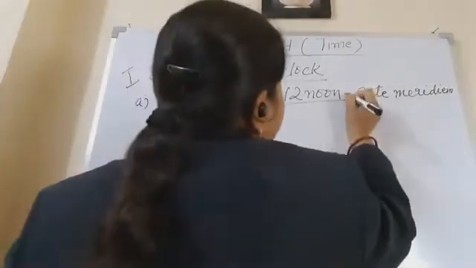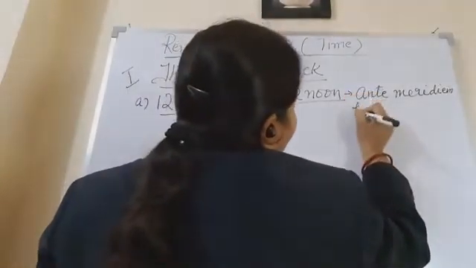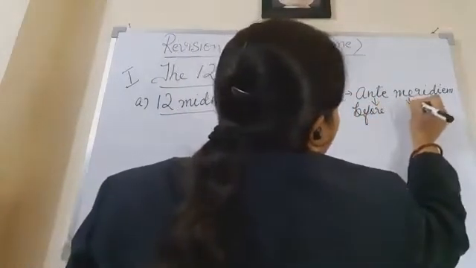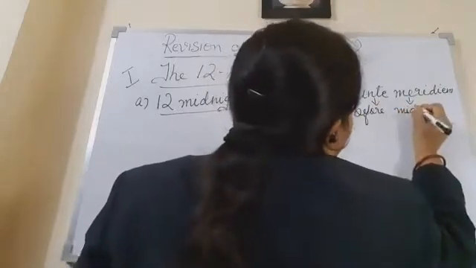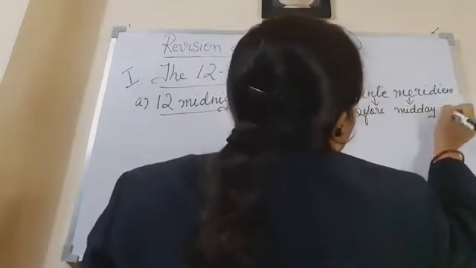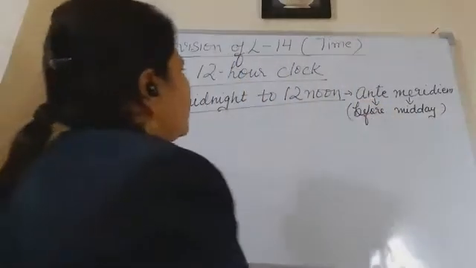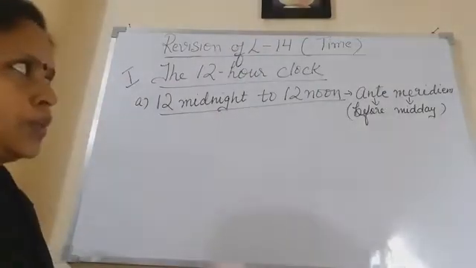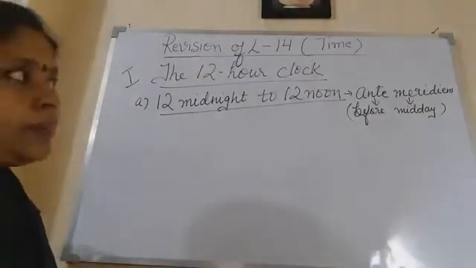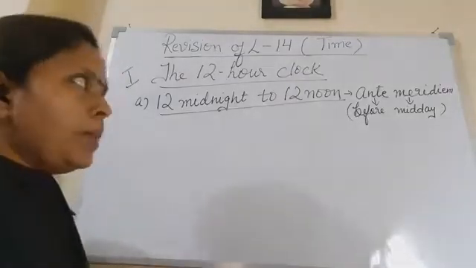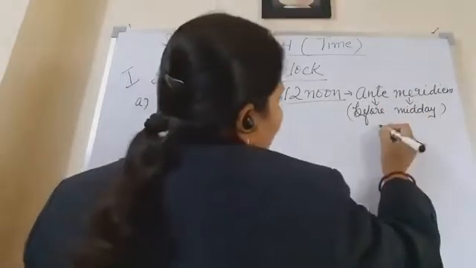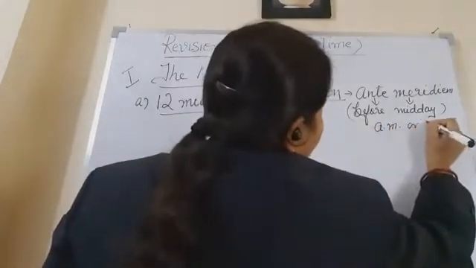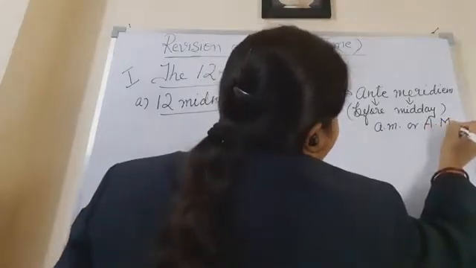Well, anti means before and meridian means midday. So the first period which begins from 12 midnight to 12 noon is called anti-meridian, and anti-meridian means before midday. And the short form of anti-meridian is A.M.